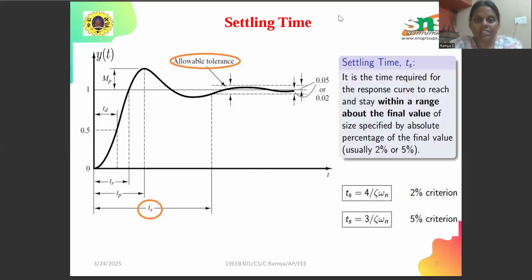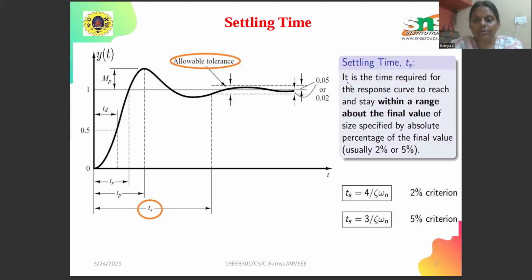And the next one is the settling time. The curve gets settled after some period, and it has some allowable tolerance. After this, the oscillation is reduced and the response settles.